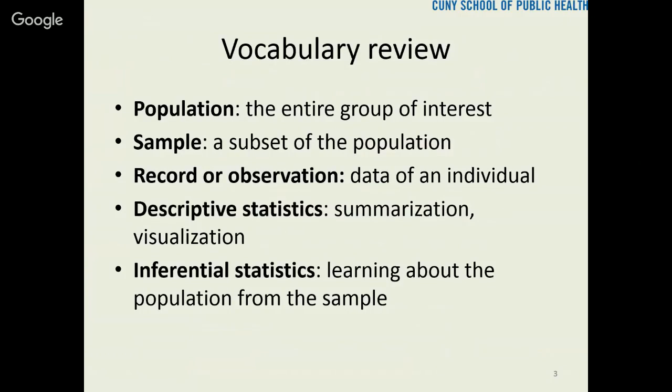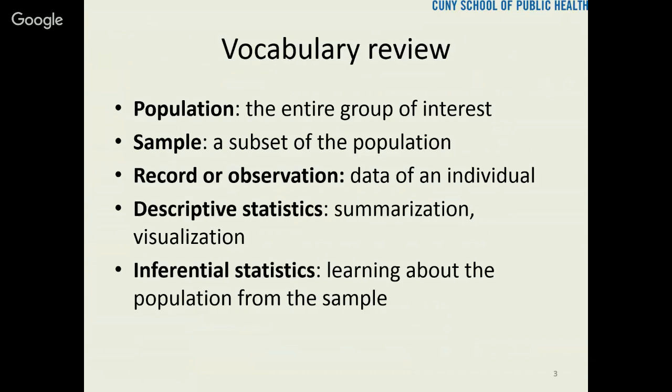Let's start with a bit of a review. The population and sample have special meaning in statistics. The population is the entire group of interest that includes all individuals or all records or observations, or all possible records that could be observed as part of a study.